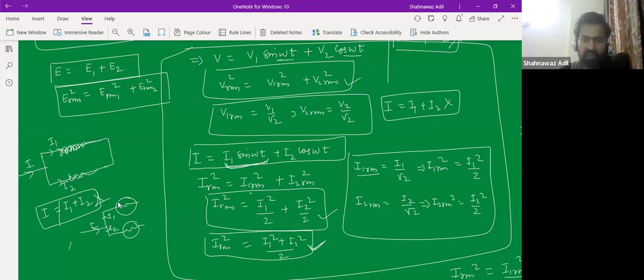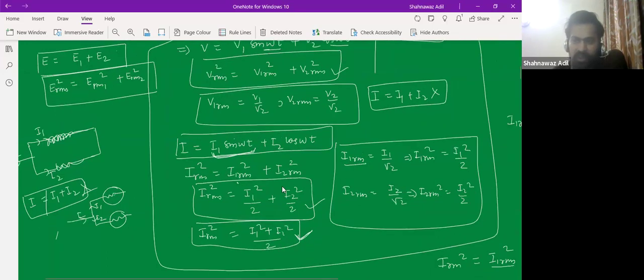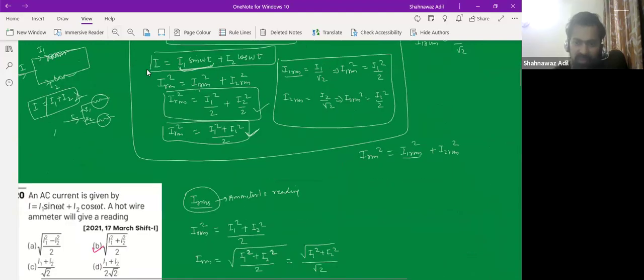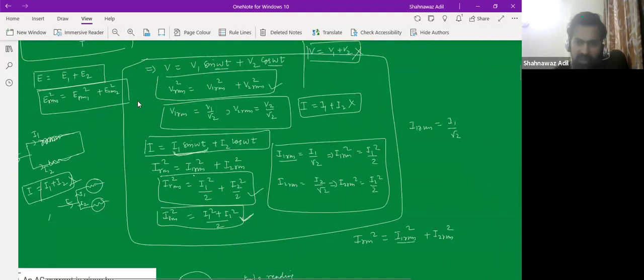You have to apply the RMS values. Just note down these portions and then we'll do a couple of questions to understand. And whenever you have noted, please tell.